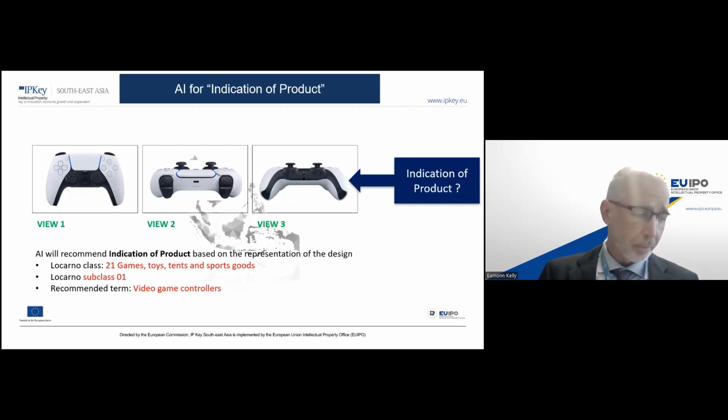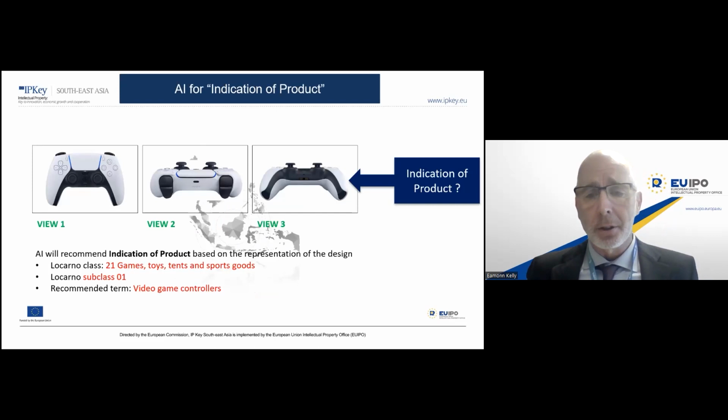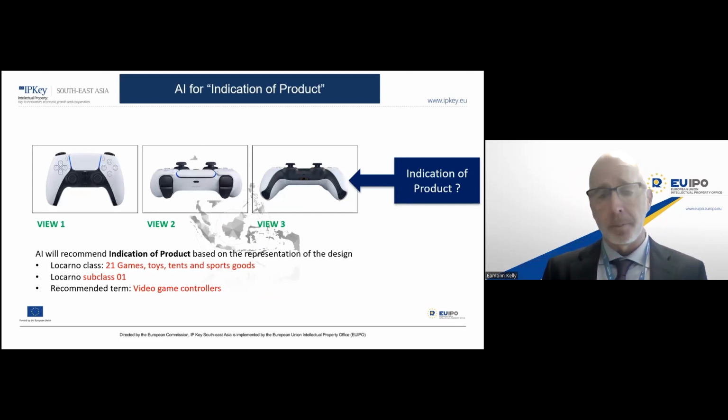As you will have seen, the indication of product causes about 33% of all the deficiencies. So therefore, we would like a tool that again suggests to the applicant at the time of filing what the correct indication of product is using AI. This has a long way to go yet.